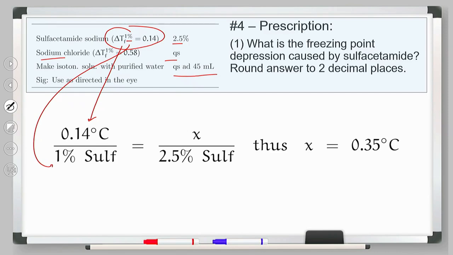Now, some of you are going to say, Dr. David, you're being lazy, there are no negative signs there. Didn't we say that all of these temperatures are freezing point depressions? They're all going below 0. And the answer is yes. These numbers reflect negative values. However, if you leave the negatives in there, you're going to mess yourself up.